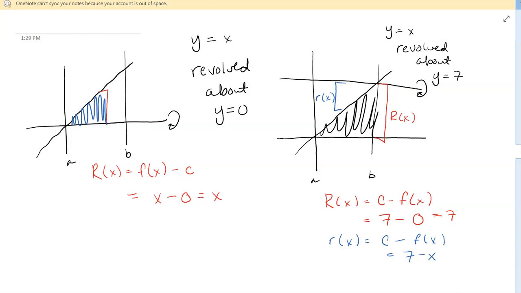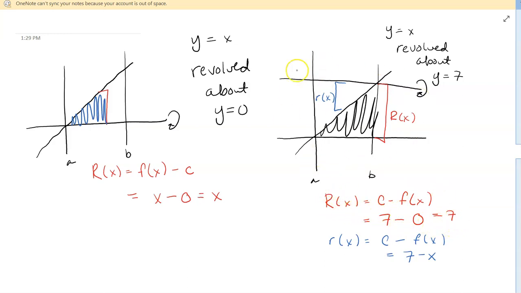And the outermost portion, if we're looking at this shape right here, would be x minus 0, or x. If you're revolving around some line that is above your shaded region here, so this triangle is my shaded region, the outer portion of my washer, capital R of x, is going to be whatever c is, in this case 7, minus whatever the outermost radius is, which in this case is 0. So that would make my capital R of x be 7.